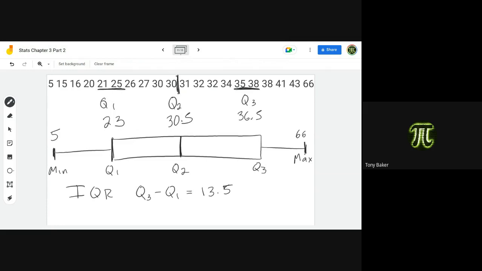So my interquartile range tells you how far it is from Q1 to Q3. Again, that gives me information about the spread. I know 50% of my data is between Q3 and Q1.